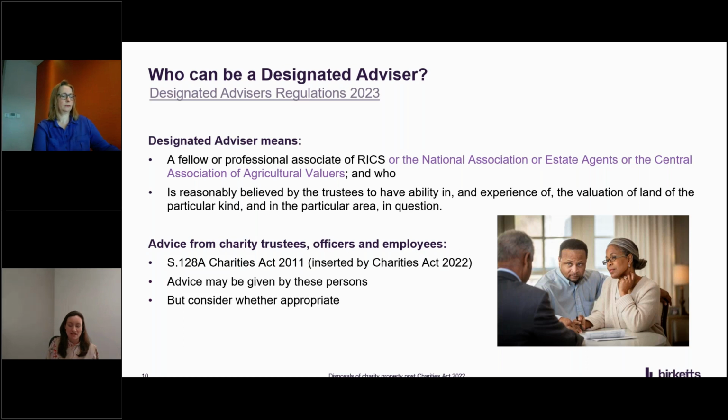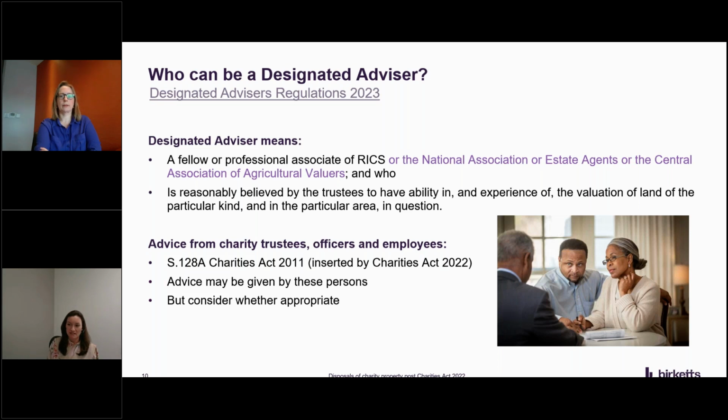The Act has also clarified that you can take advice in appropriate circumstances from a charity trustee, an officer or an employee. But again, it's really important for you to think about whether it's in the charity's best interest and whether it's appropriate for that person to be giving you advice. You need to think about whether they're insured to give you that advice, whether they have the necessary skills and qualifications.